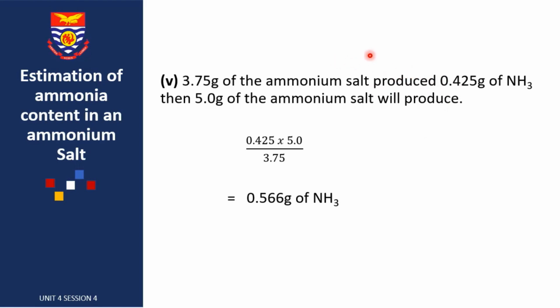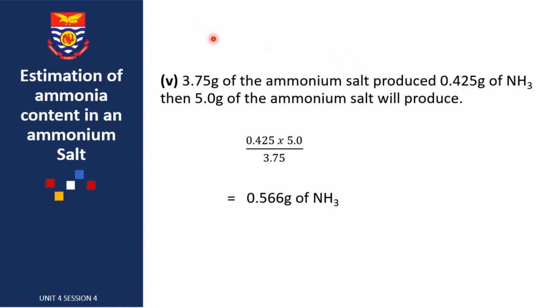The last question is to find the mass of ammonia that will be produced if 5 grams was used. In the problem, we were told that it was 3.75 of the ammonium salt that was used to react with the base, and that gave us this mass, 0.425 grams. That's the mass that we calculated. If that 3.75 that was used gave us this 0.425 grams, then if they had used 5 grams, what mass would have been produced?